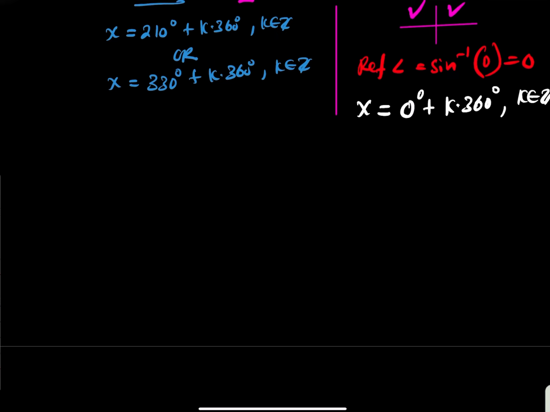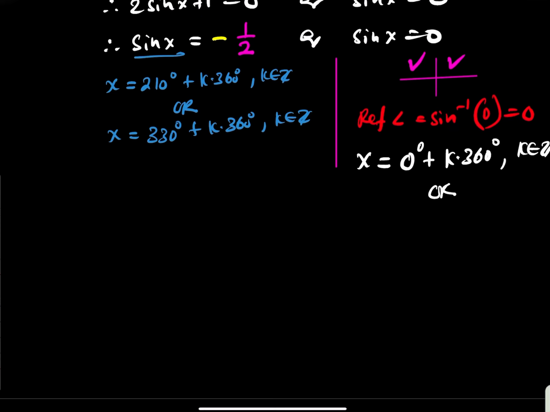The other one is at 180 minus the reference angle. So x is equal to 180 degrees minus the reference angle, which is 0 in this case. So I'm going to put 0 degrees, which is 180. All right. So I'm just going to have 180 and then plus k times 360 degrees, where k is an element of integers.